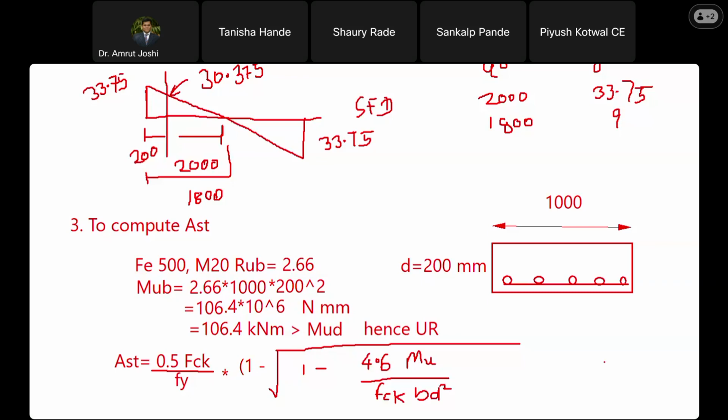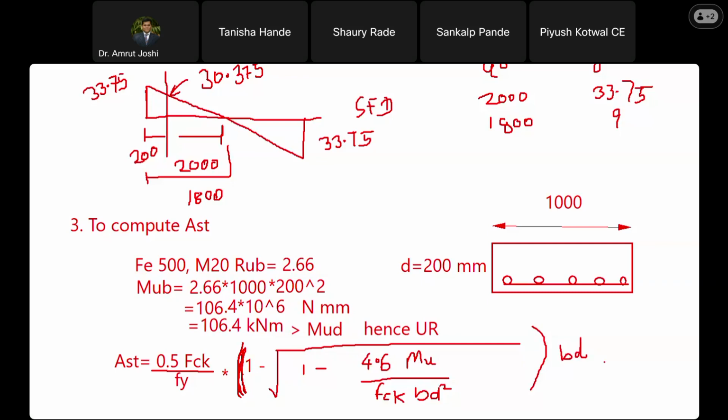This bracket complete, this bracket complete, into B into D. Are you with me? Yes.